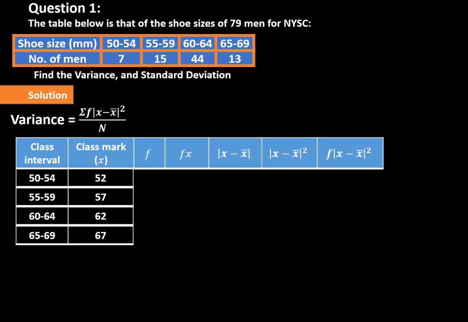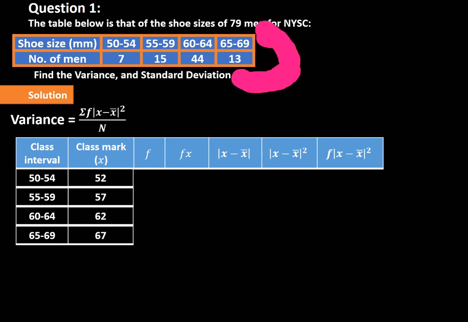Now let's go ahead and include the corresponding frequencies. For the first one, 50 to 54, from the data originally, it's not that I just come up with the frequency. These are the data originally right here.